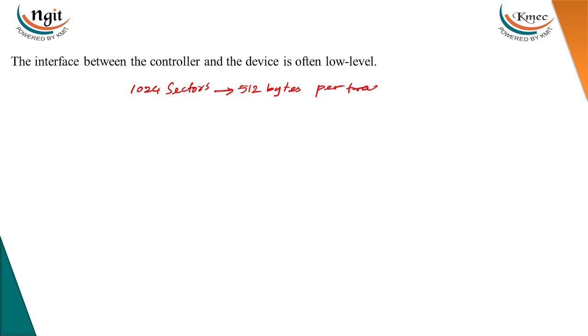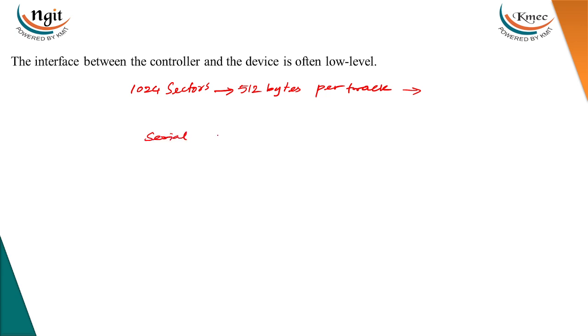We have seen what a sector and a track are, and how many sectors are within a track, in mass storage structure, that is, the disk structure. The controller's job is to convert the serial bit stream.